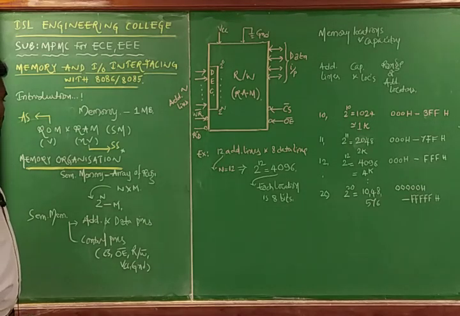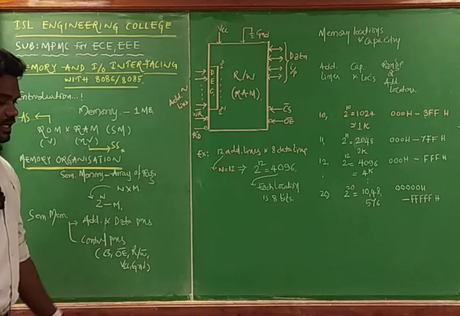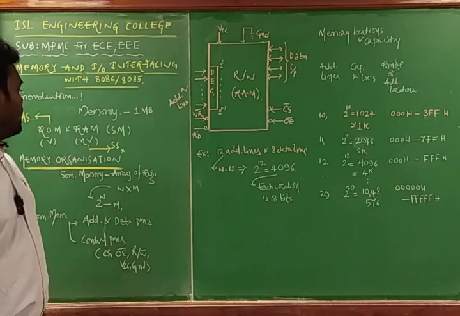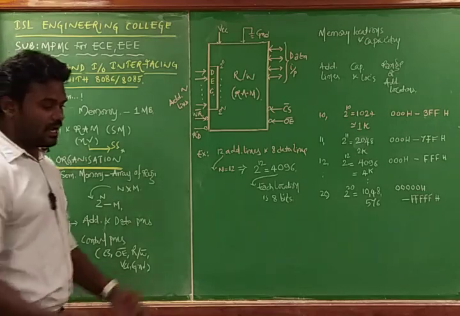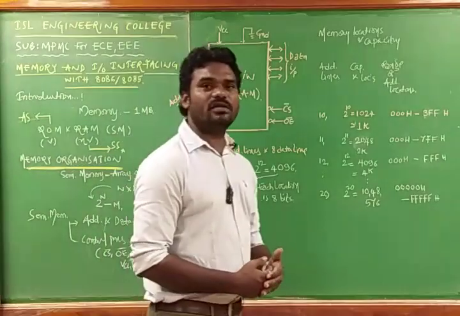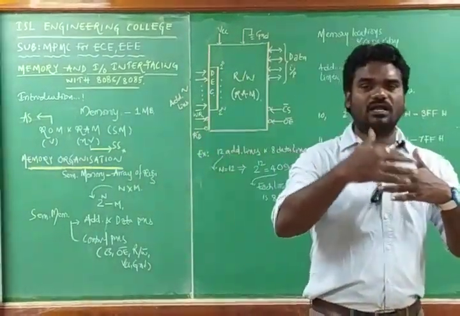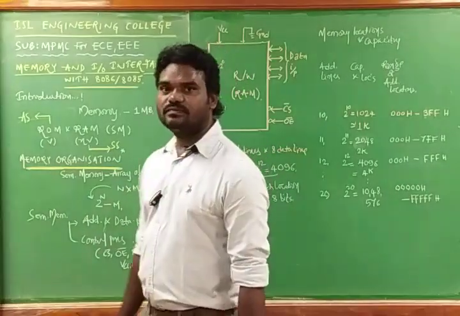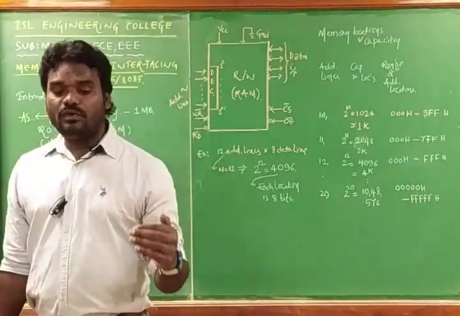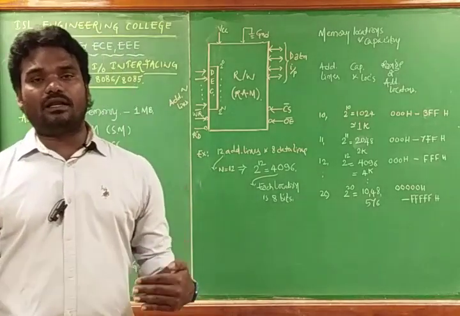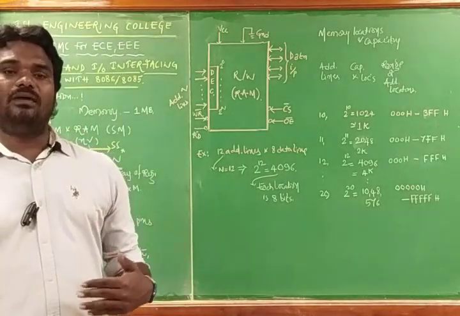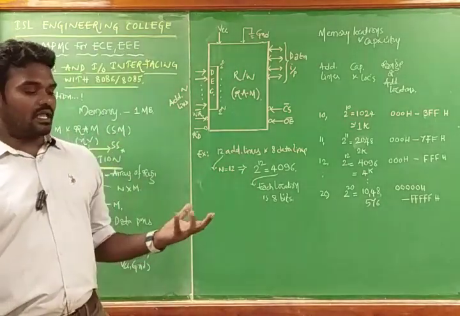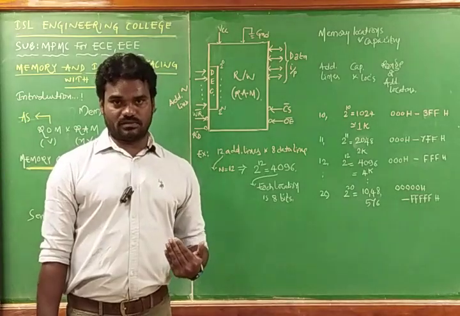The semiconductor memory, that is RAM or ROM, consists of an array of registers. Array of registers means a collection of similar registers. That means any memory in the semiconductor memory, RAM or ROM, consists of an array of registers. A register is nothing but a group of flip-flops.